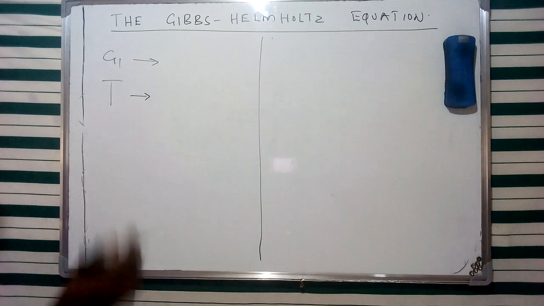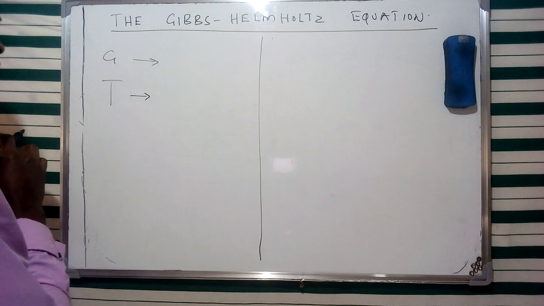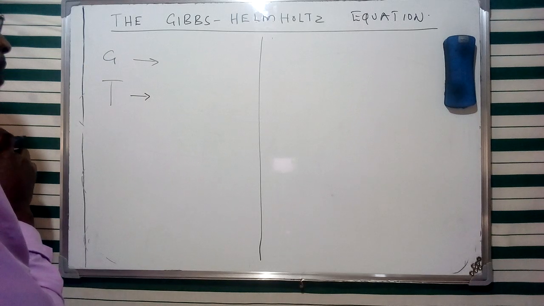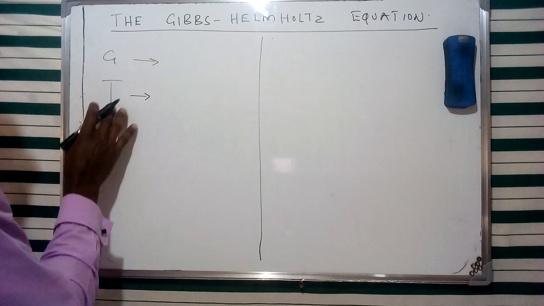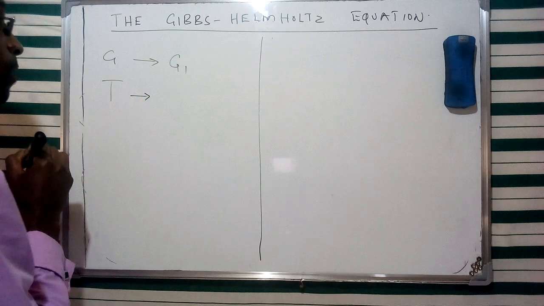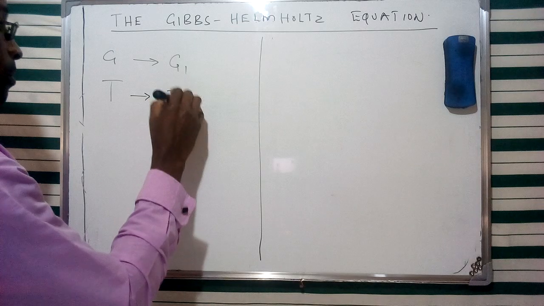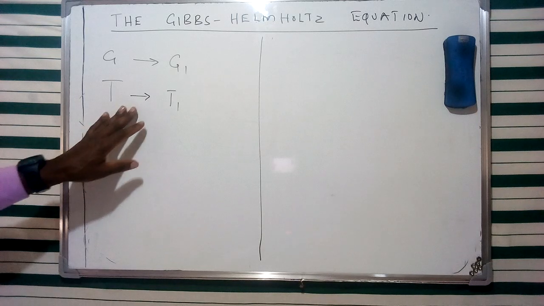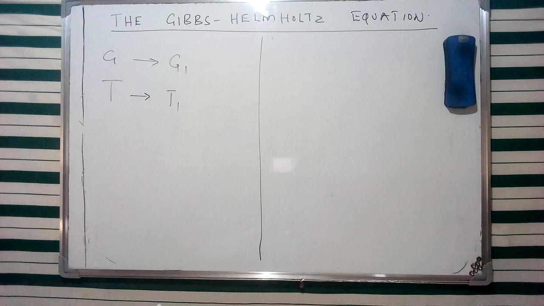So in this case, if G represents the energy state of that specific system at a particular temperature, in the initial state we can give G as G1 and temperature as T1. So these two states can be described in terms of an appreciable amount of change in either temperature or this particular form of energy.